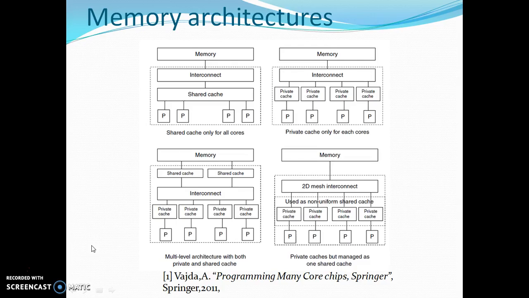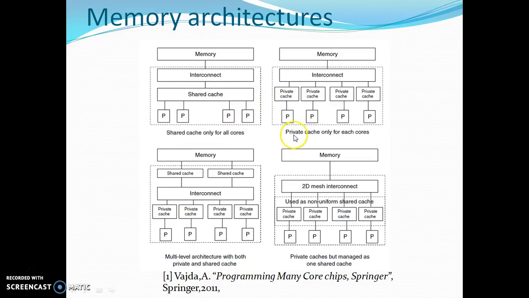Now we'll move on to have a look at the memory architectures. Between different processors there is some sharing of memories. As you can see in the first figure, there is a shared cache for all cores. That means all processors are sharing the cache.